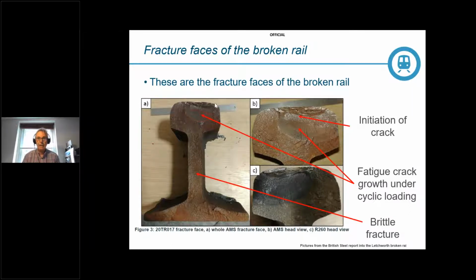The crack initiated below a weld repair in the rail head. It then grew as a fatigue crack, and you can see the beach marks there, until it reached critical size. Yes, that's the critical size. And then the rest of the rail has just failed by brittle fracture under overloading, which is the rough surface we can see elsewhere.